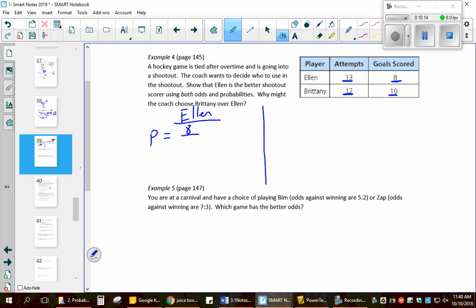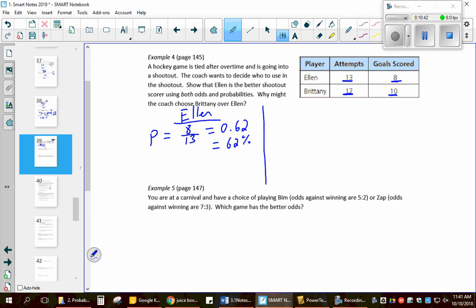So 8 over 13. Okay, and I would write this as a decimal because decimals are a bit easier to compare than fractions. So 8 divided by 13 is going to be 0.62, which is 62%. So 62% chance of scoring, right?